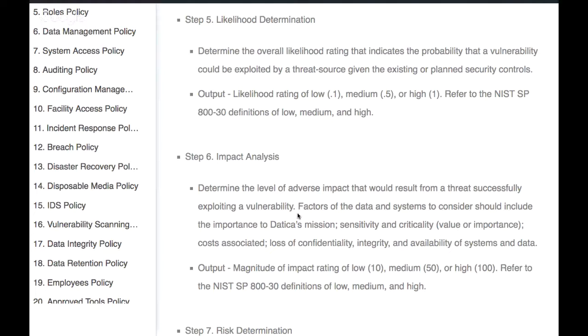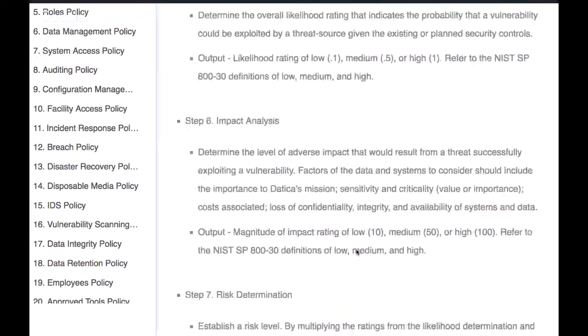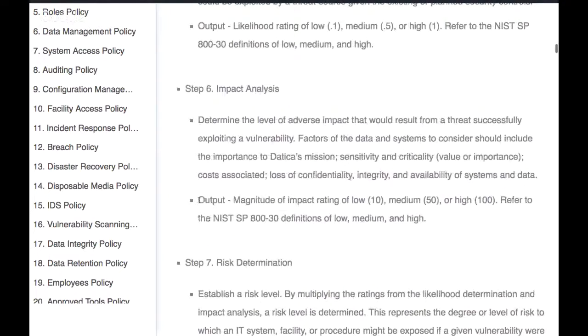Determine the overall likelihood rating that indicates the probability that a vulnerability could be exploited by a threat source. Okay. So the output will be something like, hey, magnitude of the impact, low 10, medium 50, high. Oh, we have to refer to the NIST definitions for low, medium, and high. I'm guessing. Okay.